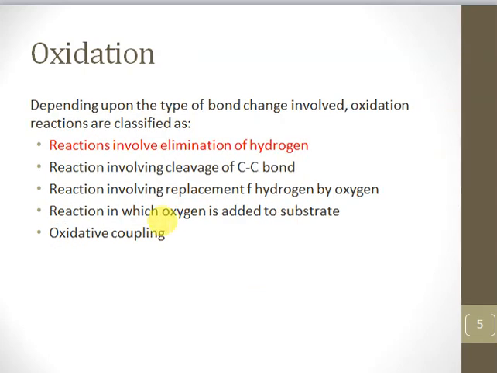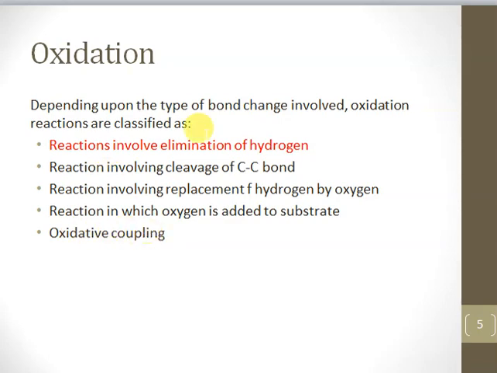Depending on the type of bond change involved, oxidation reactions are classified as reactions which involve elimination of hydrogen, reactions that involve cleavage of carbon-carbon bond, reactions which involve replacement of hydrogen by oxygen, or in which oxygen is added to the substrate, and lastly oxidative coupling.